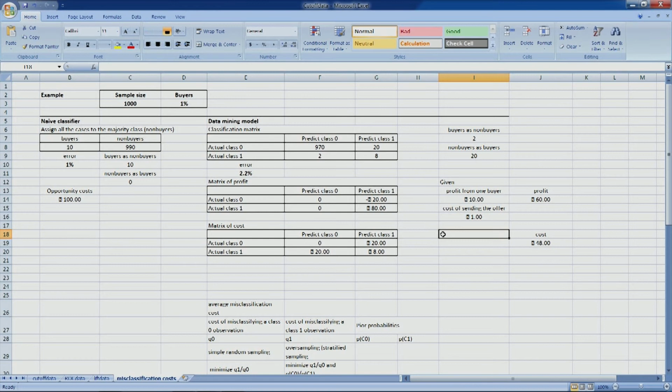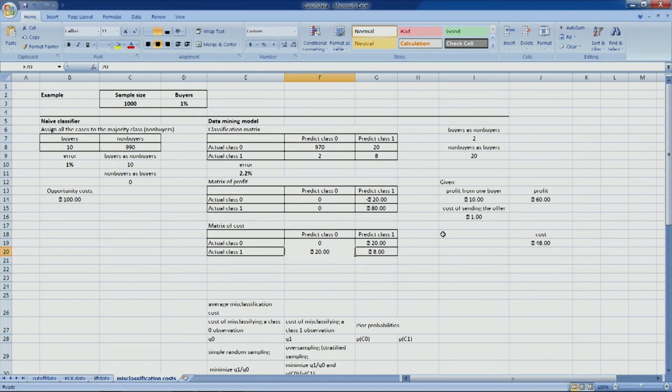So this is from the profit perspective. We can look at the same situation from the cost perspective. The cost of sending the offer is 1 rupee, and the profit from one buyer is 10. We look at the number of class 1 customers who have been incorrectly classified as class 0. There are 2 such customers, and the profit that we could have made from them is 10 each.